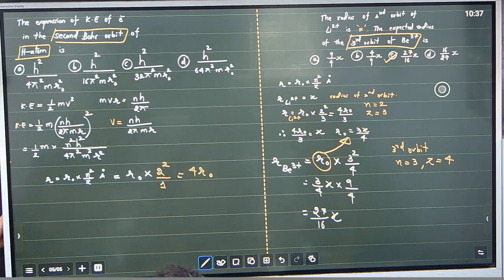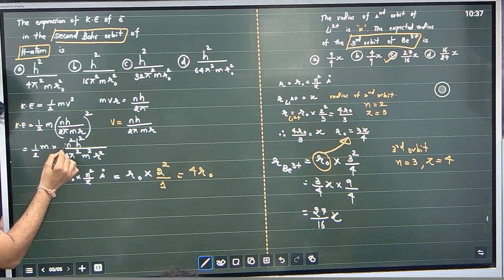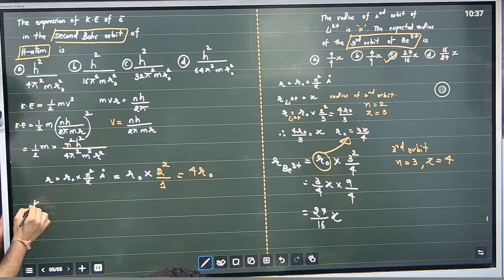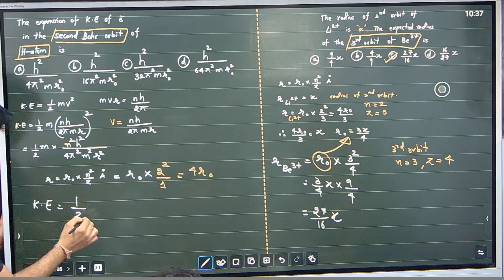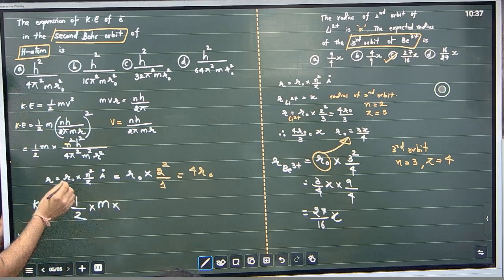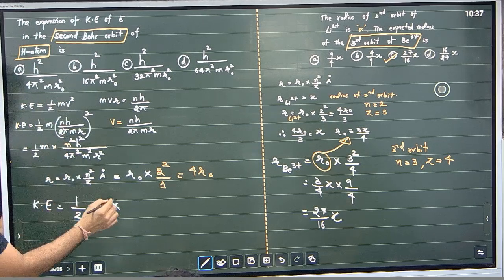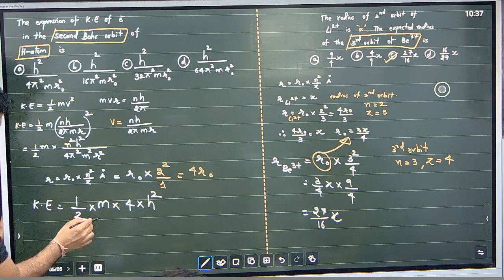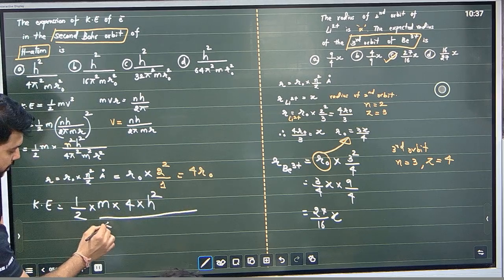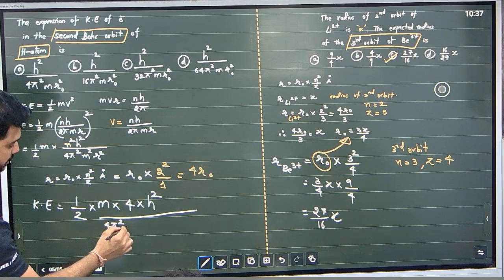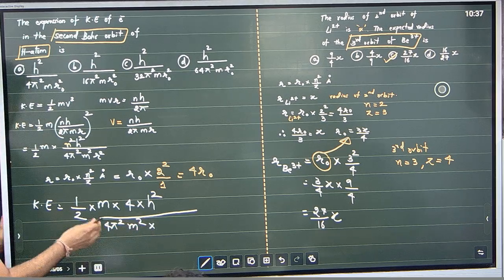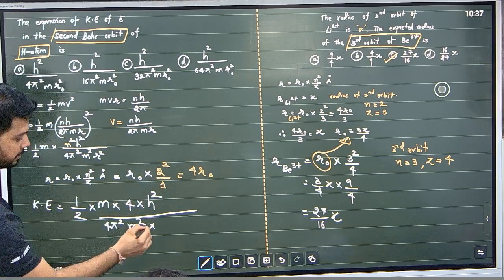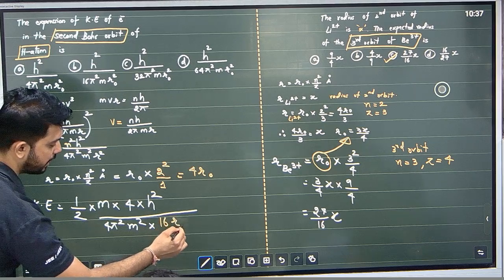With me? Similarly here also there is an n. What will come in place of n, people? 2. So finally kinetic energy is equal to half m, and n is 2, so 2 square will become 4h square upon 4 pi square m square into r square. But r is how much? 4 r naught. So that square will become 16 r naught squared.